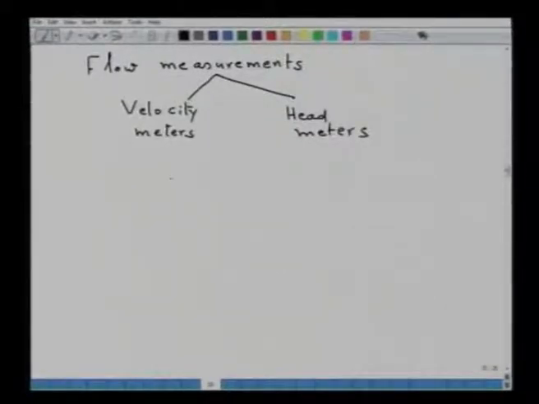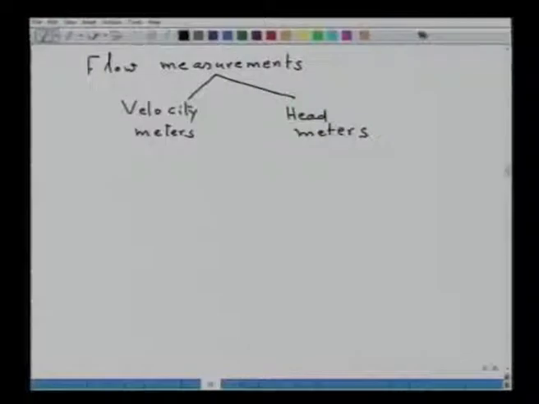The velocity meters measure the pressure, and the pressure can be converted into velocity. The commonly used velocity meter is called the pitot static tube.